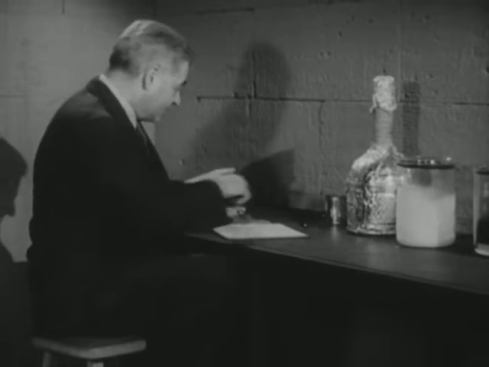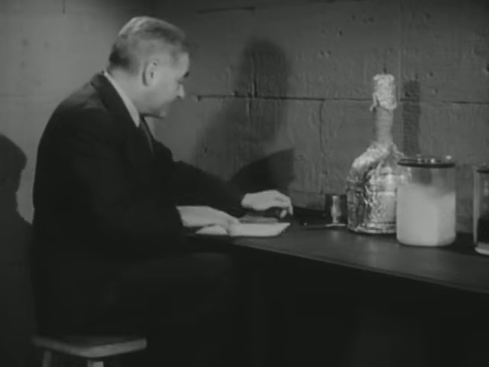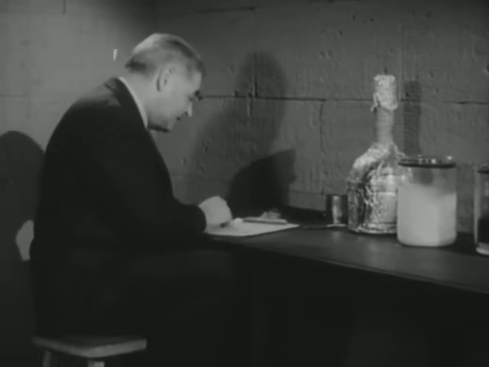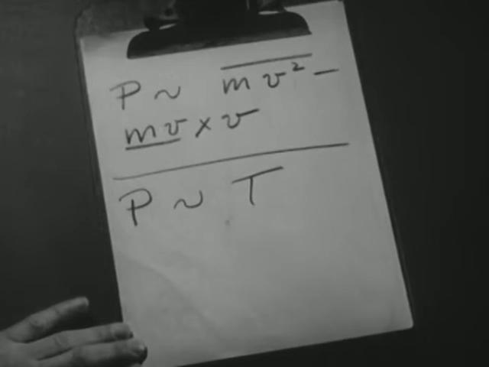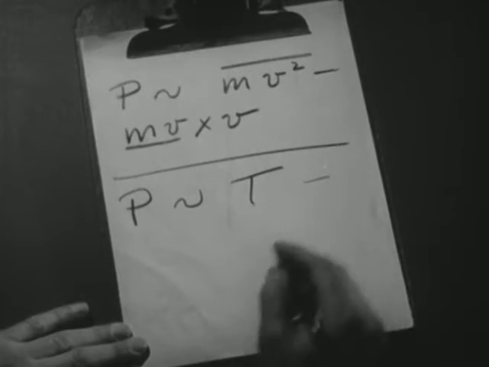Let's go back to the logic. What we said was simply this. From the kinetic theory of gases, the pressure is proportional to the average kinetic energy of linear motion of the molecules. And we've just discussed that the pressure in a gas is proportional to the absolute temperature.